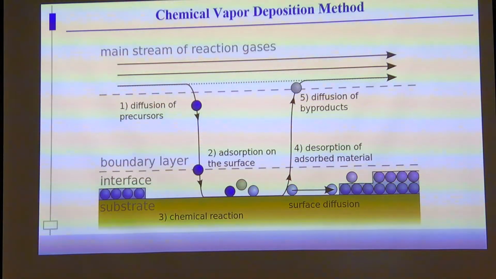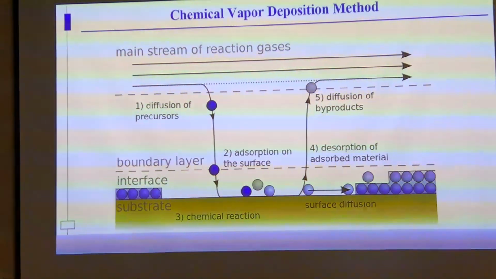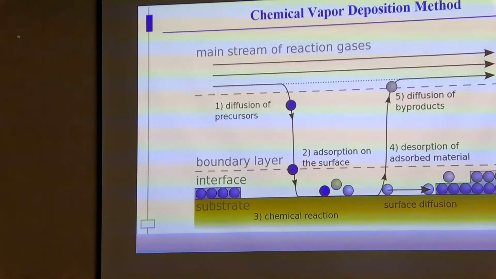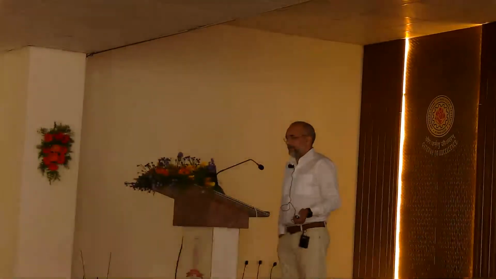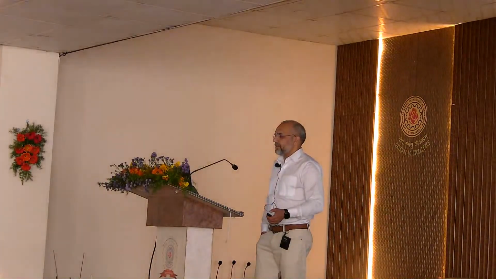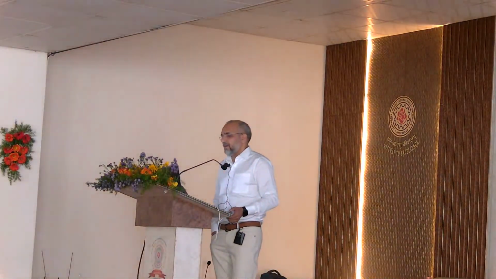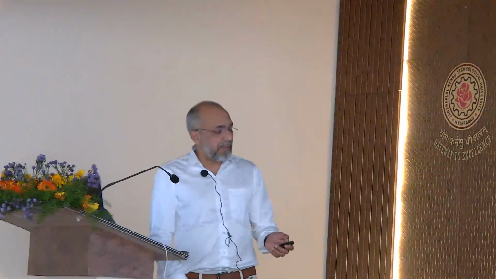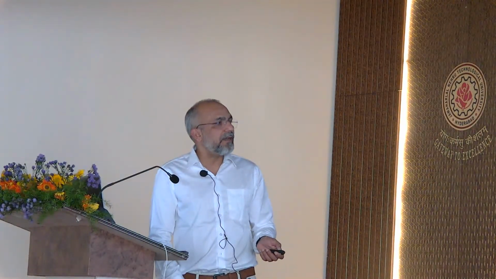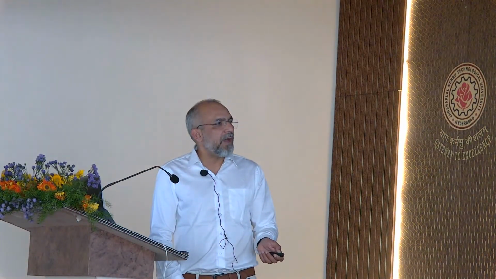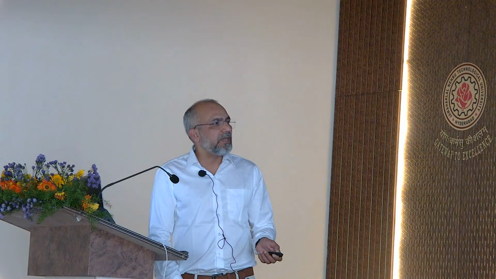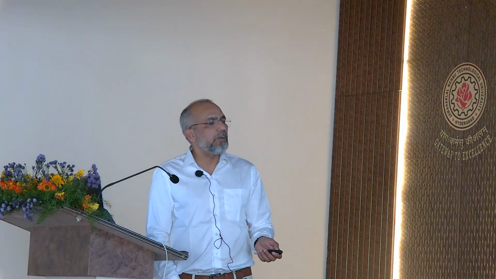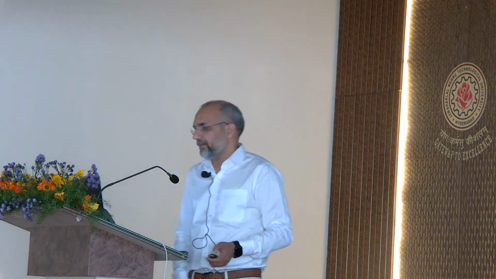So there are 5 steps in total: diffusion of precursor, adsorption on the surface, and then chemical reaction, surface diffusion, and desorption of adsorbed material, and finally diffusion of byproduct. And that's the boundary layer. Under the boundary layer, you have this surface reaction, and on the top, you have these active precursors.